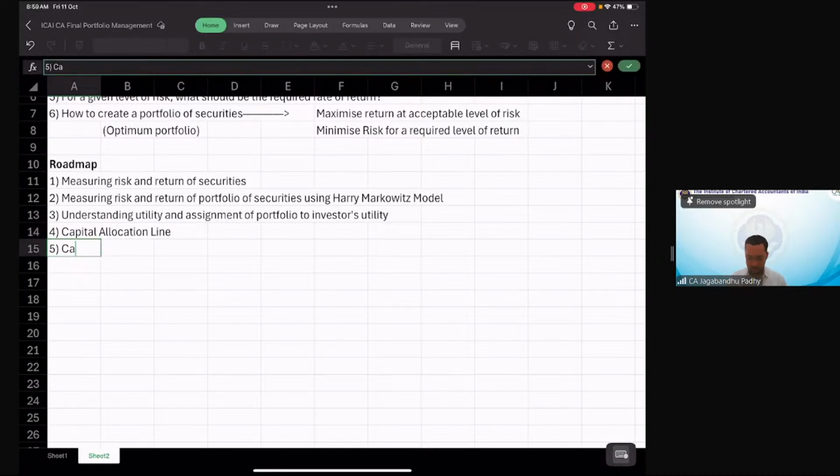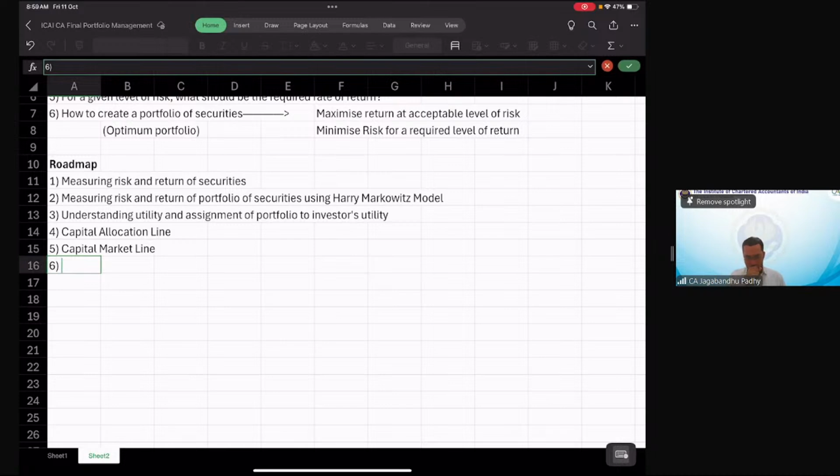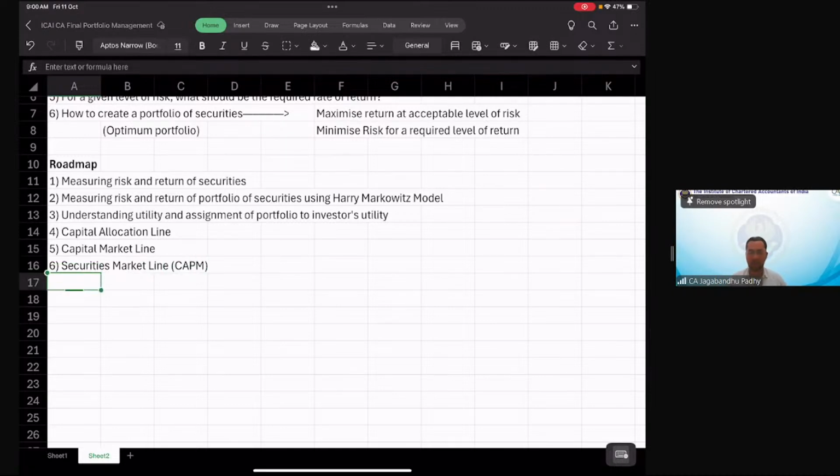Then we will look at what is capital market line. We are going to cover the securities market line, which is also called as CAPM, which is a capital asset pricing model, right?